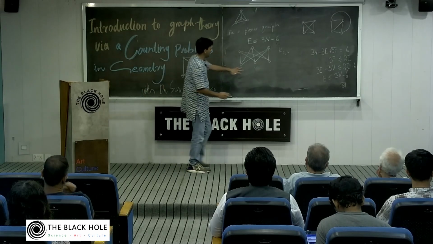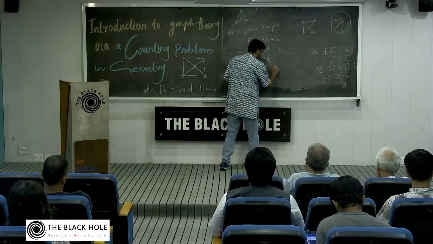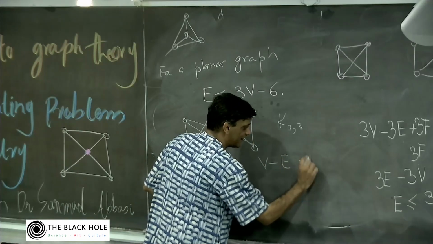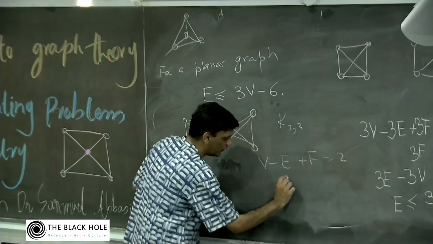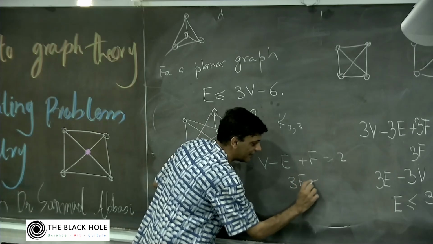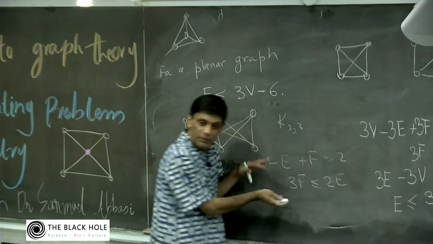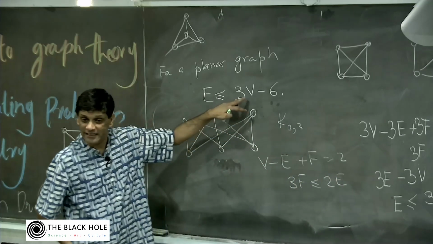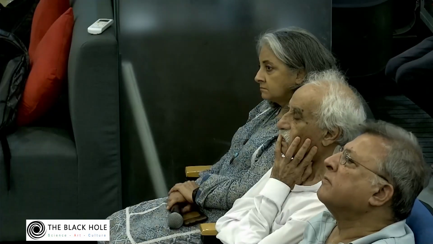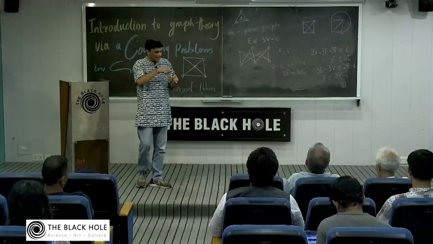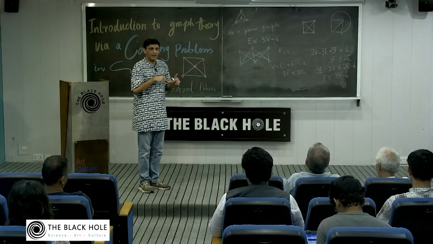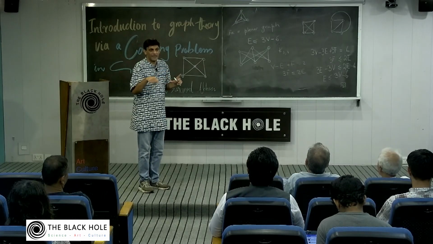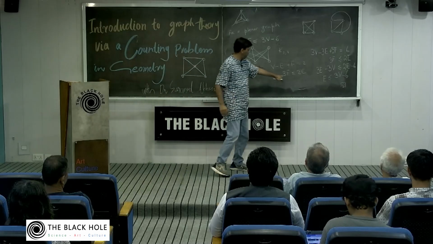And remember, we had 2 relations. One was V minus E plus F equals 2, and the other was 3F is less than or equal to 2E. We put them together and we got this inequality. At one point, we argued that every face must have 3 sides to it. That's where the 3 came from.